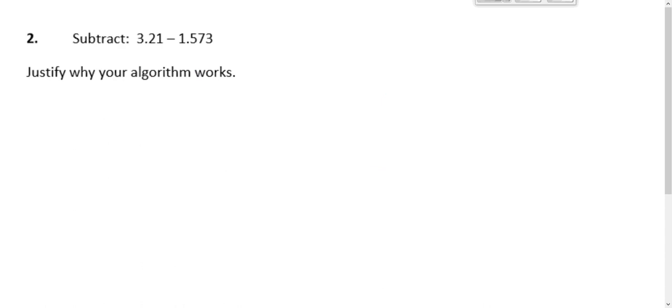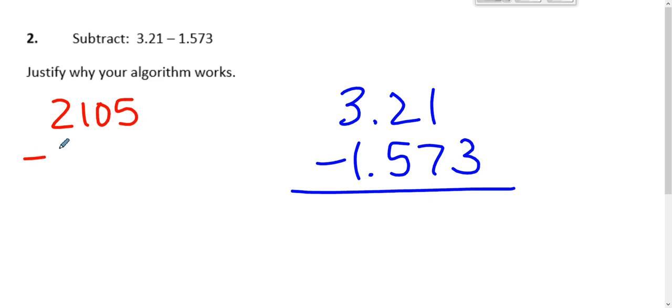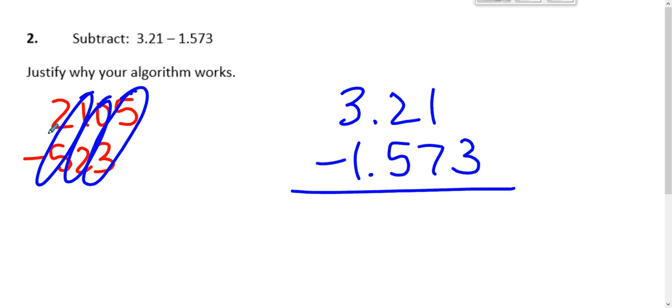Subtraction is a similar thing with one important caveat. When we subtracted whole numbers, we always wrote right justified. So we would not have written 2105 minus 523 that way, because then you got your ones places off and your tens places are off and your hundreds places are off.